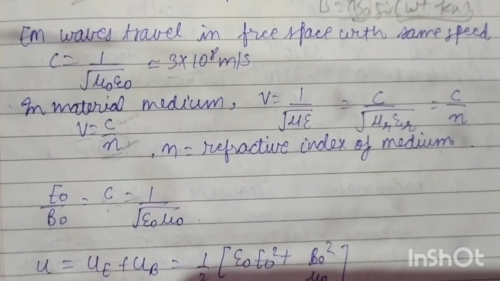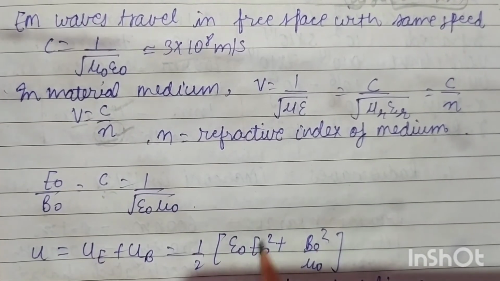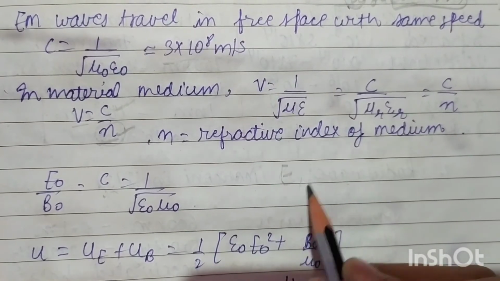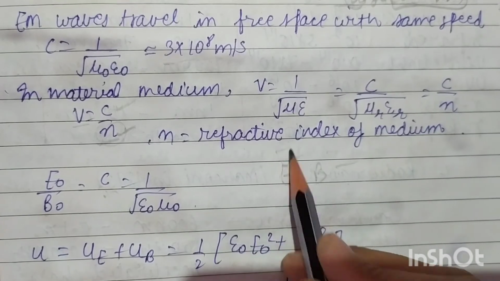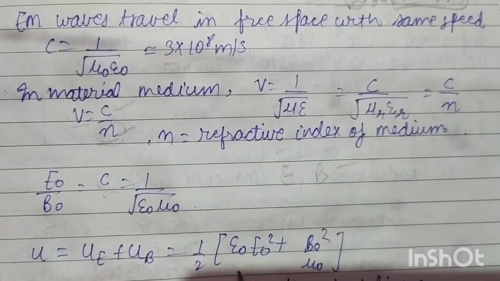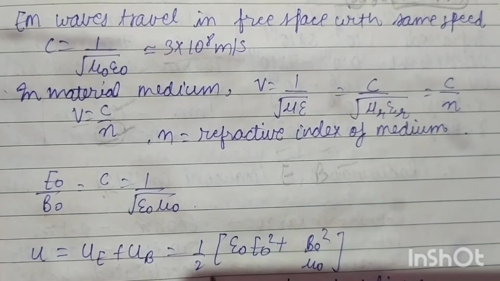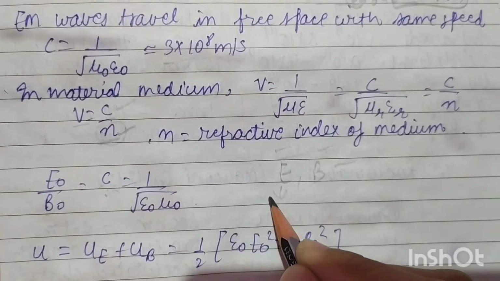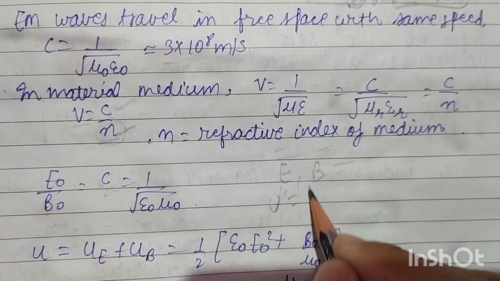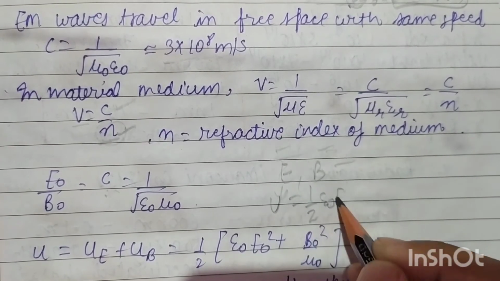Now, since the electric field and magnetic field are involved, there will be some energy associated with them. The energy stored in the electric field is 1/2 epsilon naught E square.